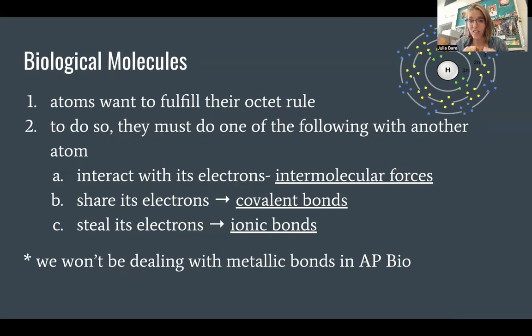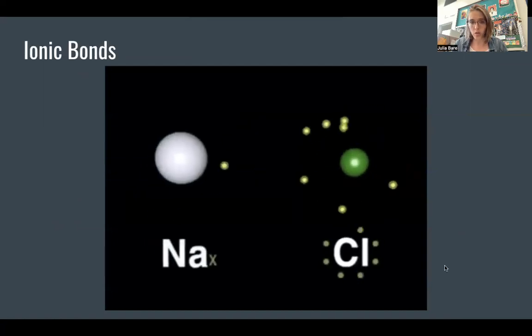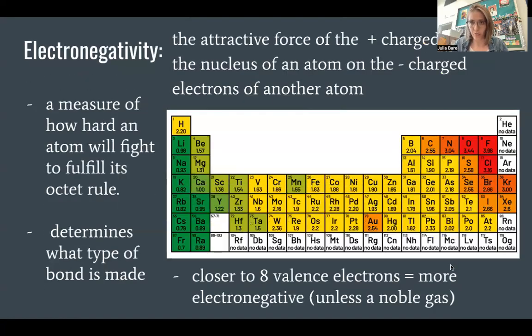You could also have the case where one atom says, hey, I need electrons so desperately that I am going to steal them from another atom that doesn't have as much strength when it comes to electrons. We call this force electronegativity, right?